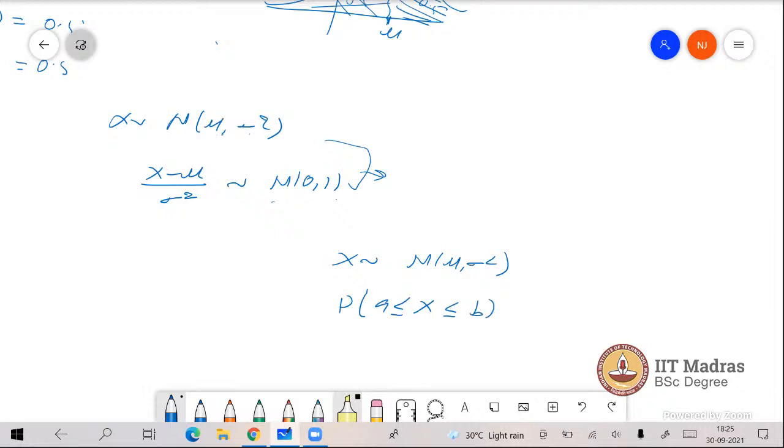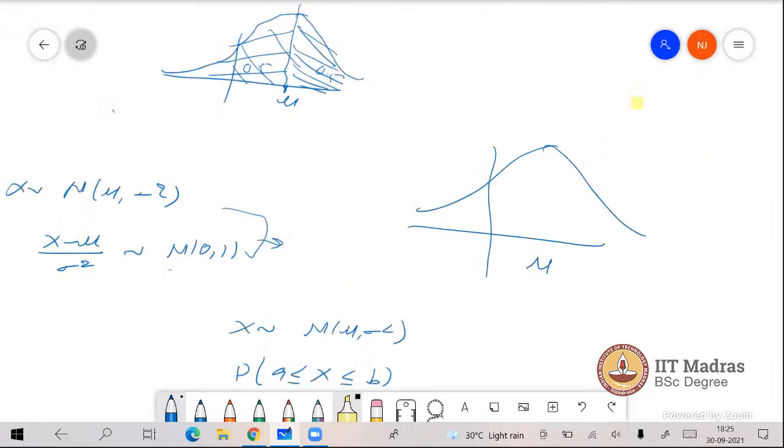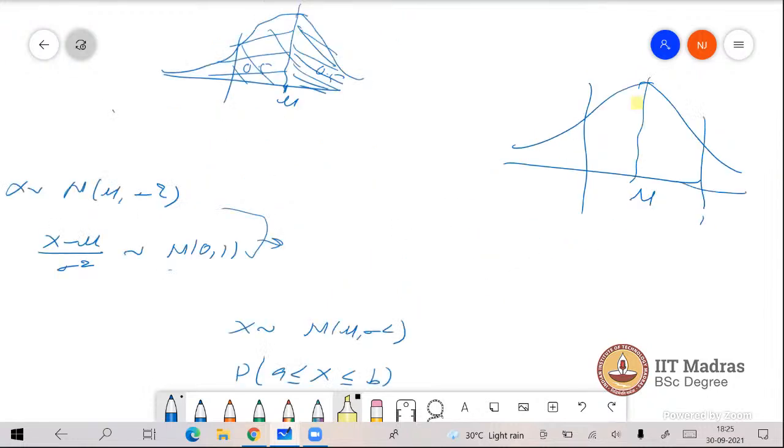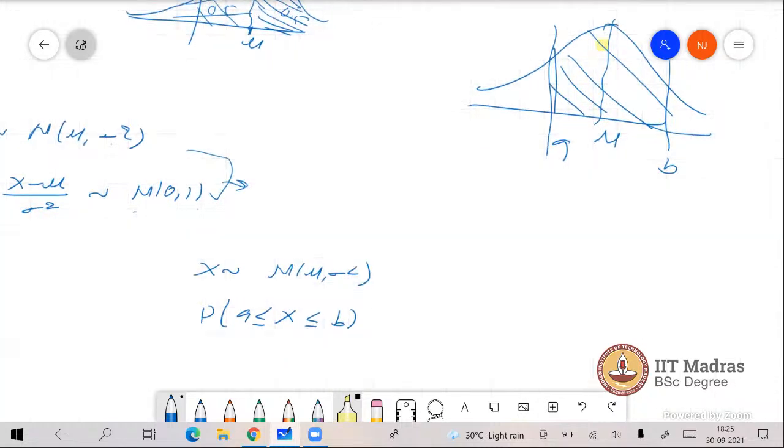This is somewhere mu. Let's say b is here, a is here. So I need to find this area. What I will do is convert it into the standard normal distribution. And how will I do that? I know that if x follows normal mu sigma square, then (x minus mu) upon sigma will follow normal 0, 1.